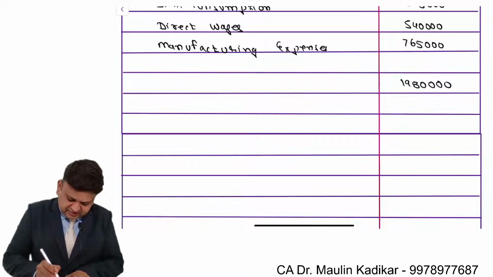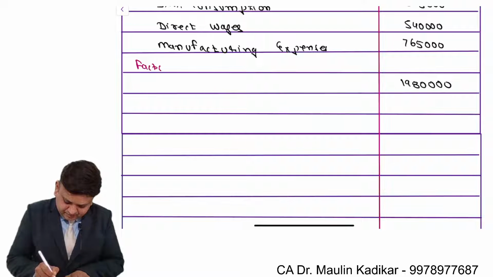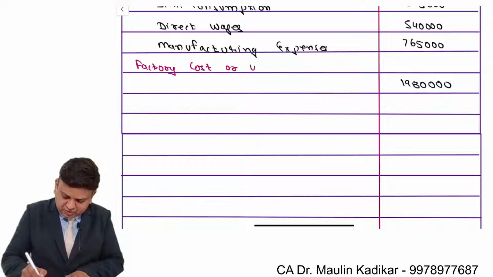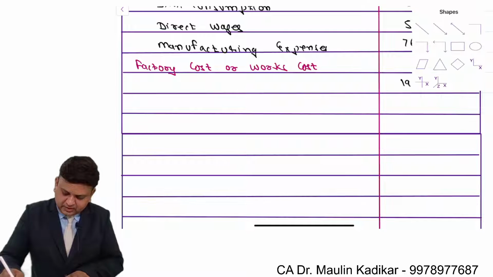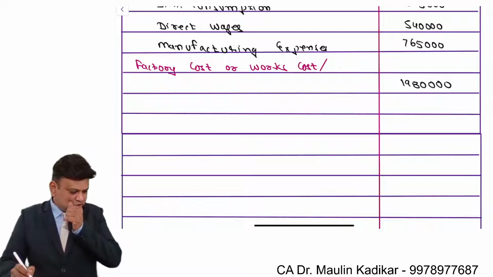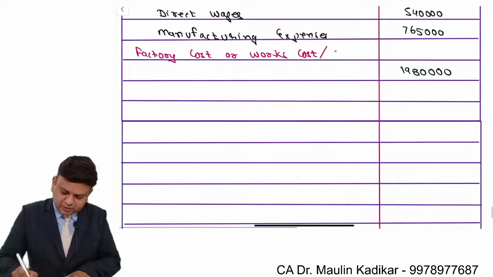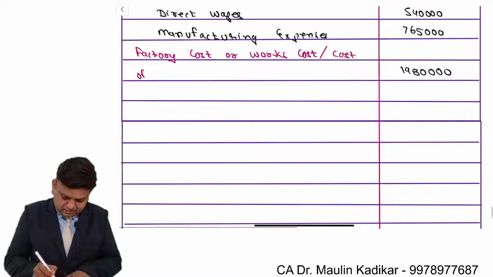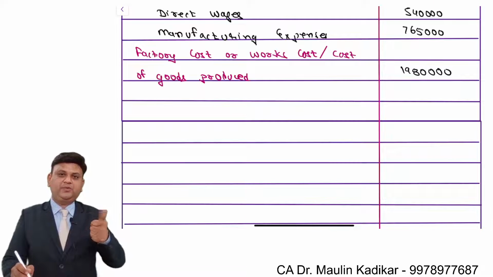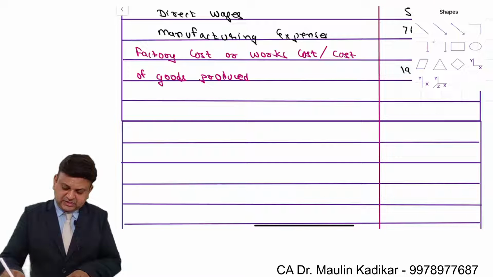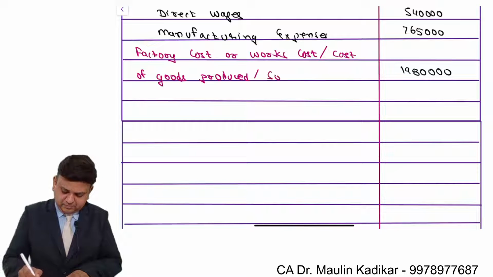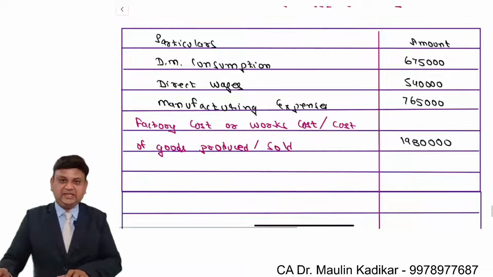That is given a name as factory cost or works cost. It is also given a name as cost of goods produced, and since the opening and closing are the same, this itself is cost of goods sold. That is 19,80,000.